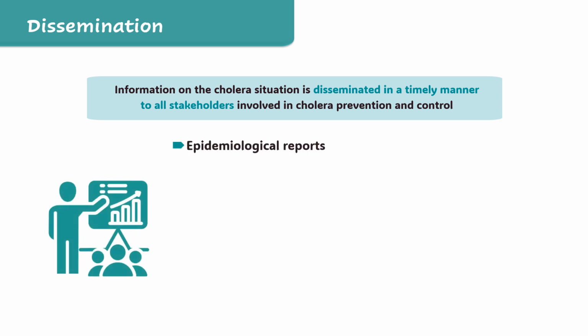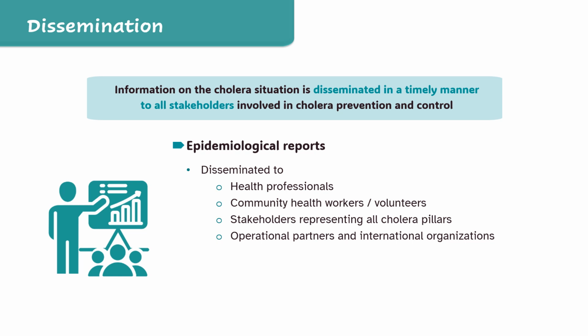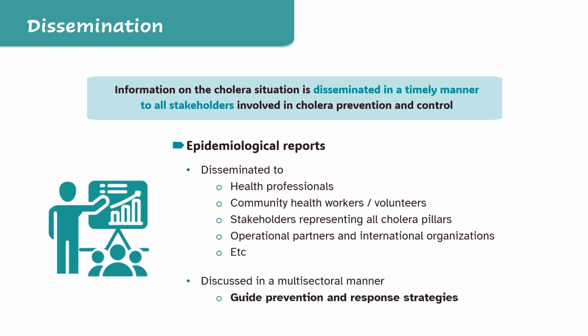This information is usually presented in epidemiological reports prepared by health authorities and is disseminated to health professionals, community health workers and volunteers, stakeholders representing all cholera prevention and control pillars, operational partners, international organizations, and so on.